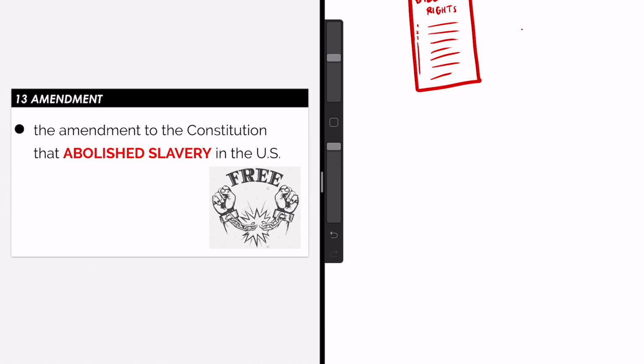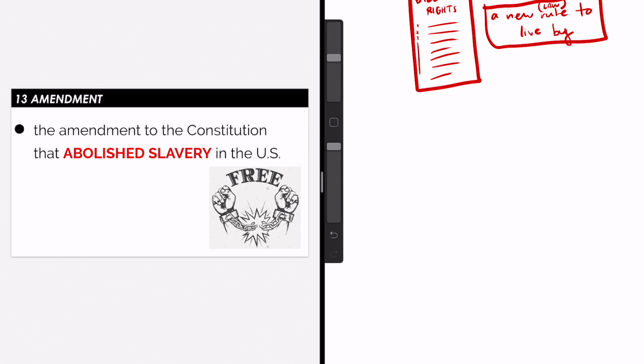An amendment, if you remember, is a new rule to live by. So the government comes up with rules or laws, a new law to live by. So the first 10, the Bill of Rights, are rules or laws that American citizens live by.